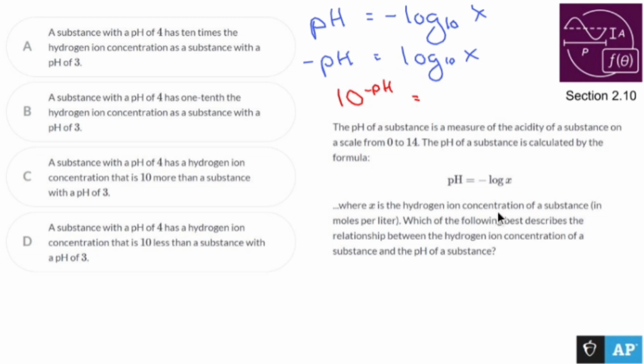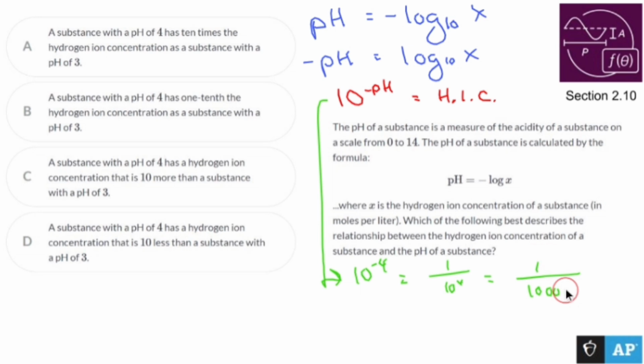And X stood for the ion concentration, or the hydrogen ion concentration. A substance with a pH of 4 has 10 times the hydrogen ion concentration. All right, so if the pH is 4, that's 10 to the negative 4th. 10 to the negative 4th is the same as 1 over 10 to the 4th, which is 1 over 10,000.